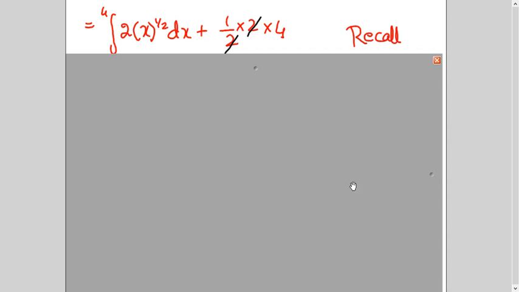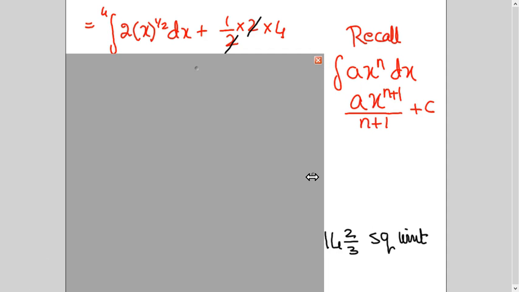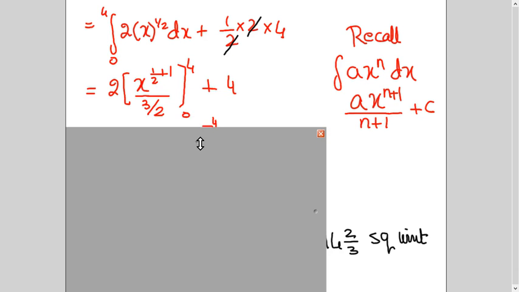So here you need to recall that whenever we integrate, the power is added and divided by the added power, plus c if there are no limits. If there are limits, we do not write c. So let's integrate this part, because this is area of a triangle and we have already gotten here, it is 4, simple.